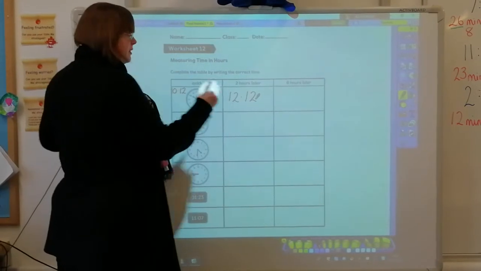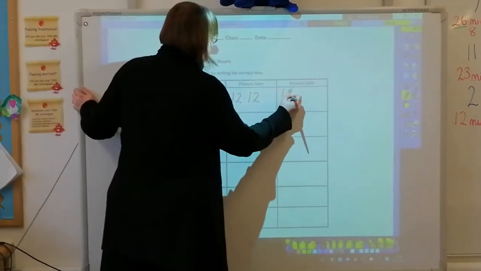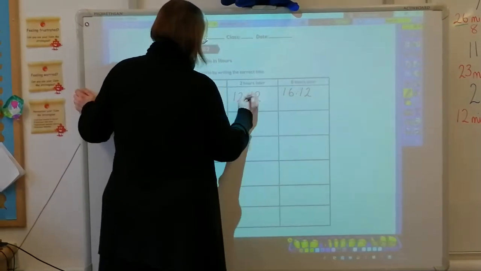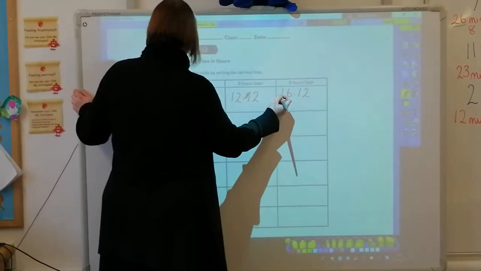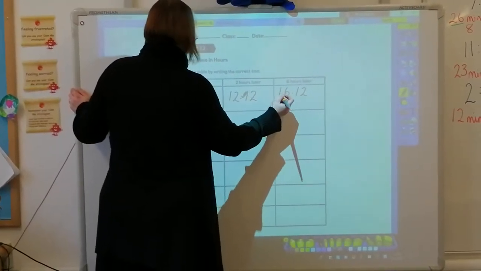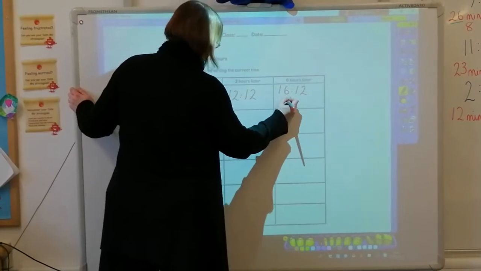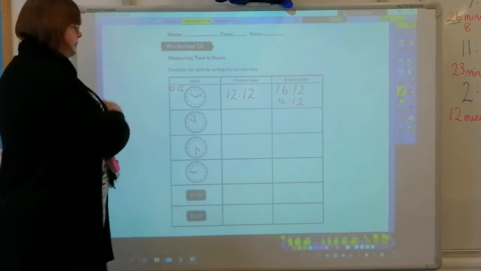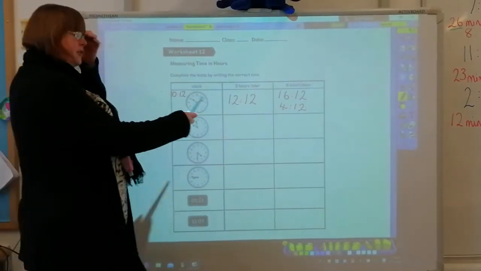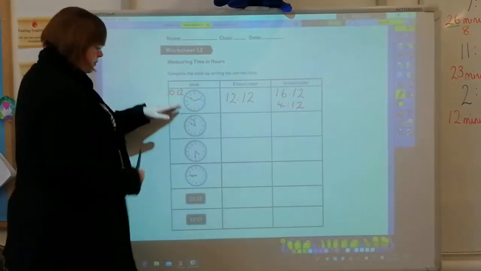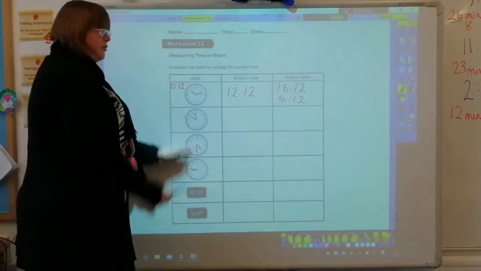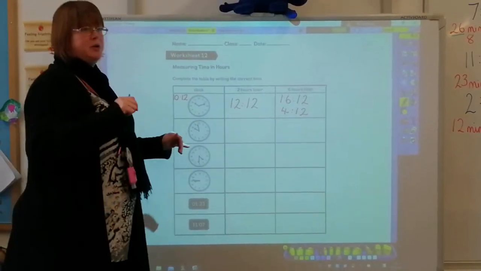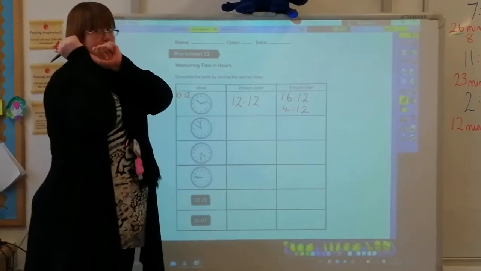I could write that 2 different ways. It could either be 16:10 or 4:10, depending on if you're doing 24 hours or not. So you're going to work through this. When you've got to the bottom of worksheet 12, you need to come back to me because I'm going to do time, hours, going backwards. Okay?